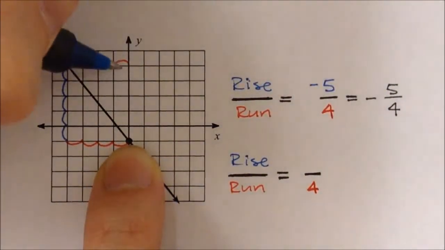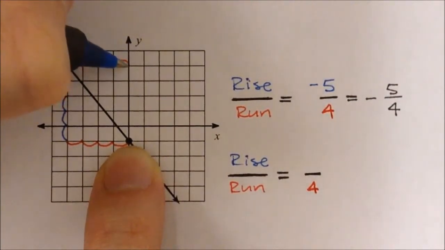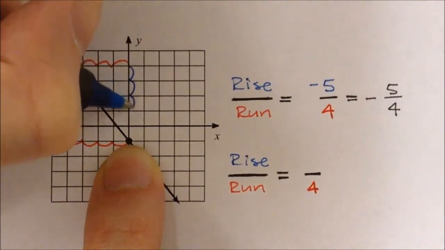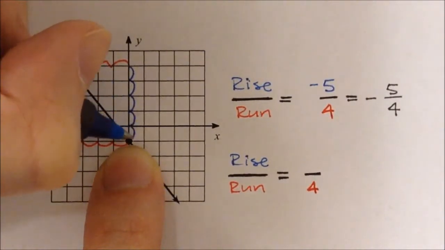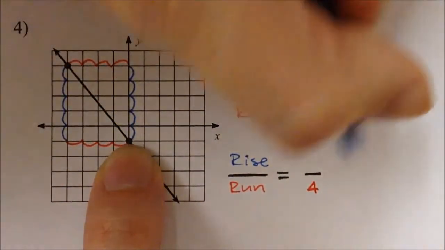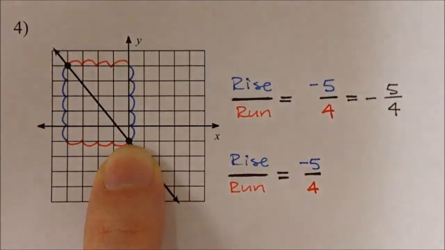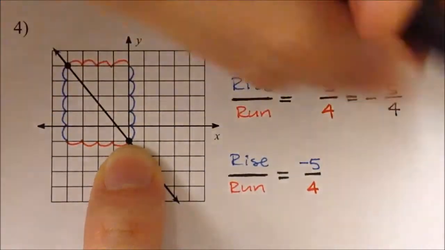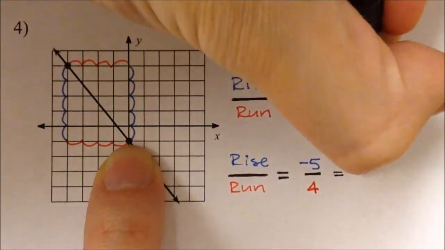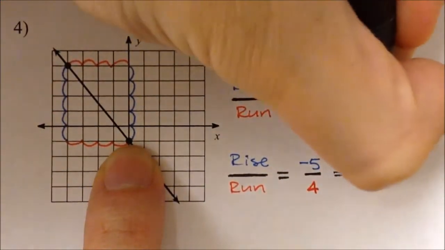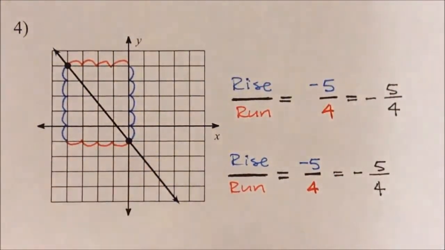Then, starting from where I stopped, I'm going to go down until I hit the second point. So 1, 2, 3, 4, 5. I went down 5, so it's going to be -5. Again, I can't simplify because there's none common between 5 and 4. So it's just -5 over 4. And that's our slope.